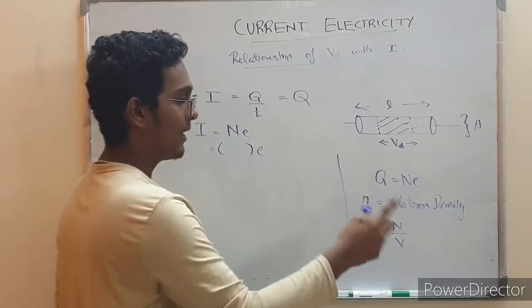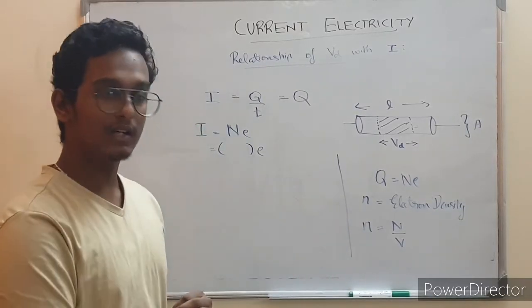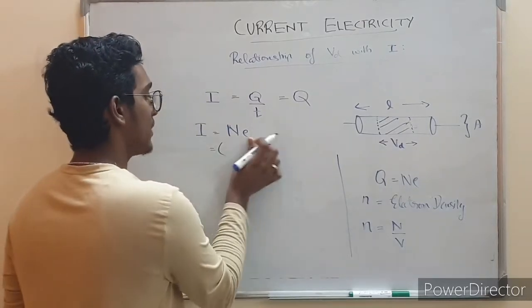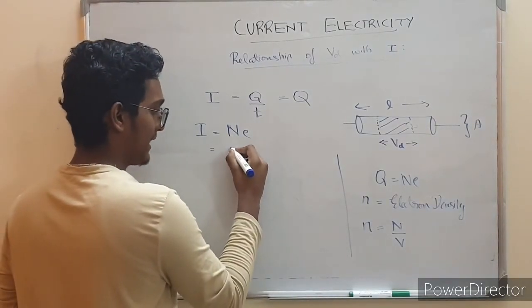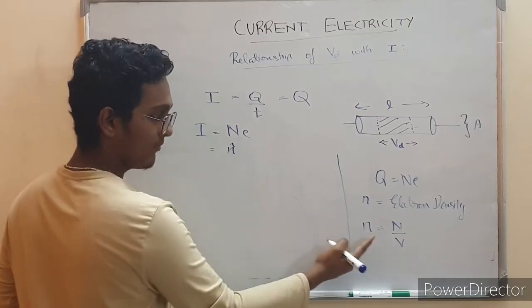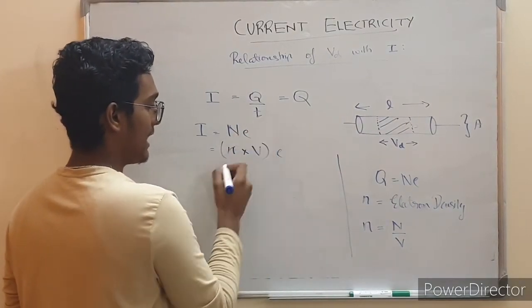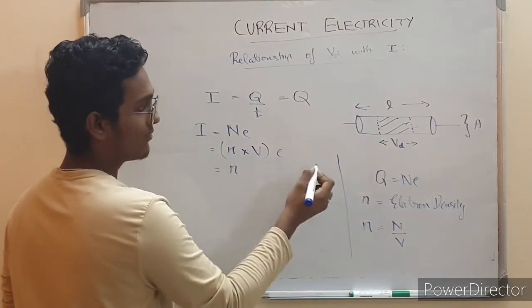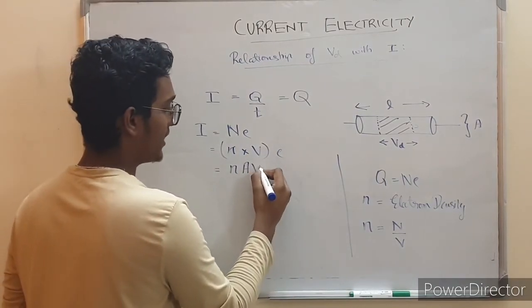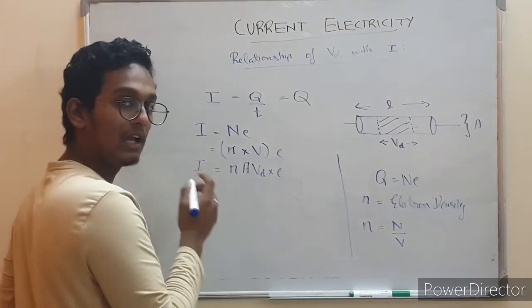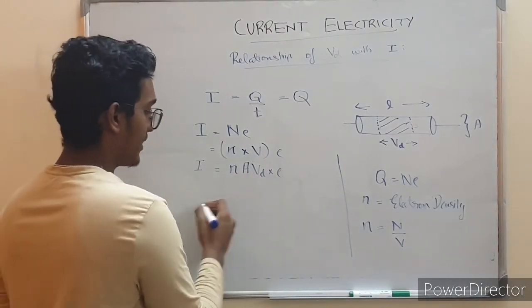So volume multiplied with electron density should give us the total electrons present over there. So N is replaced by electron density times the volume into e, and electron density is a constant and volume is A times Vd into e. So this is the total amount of current in the region.